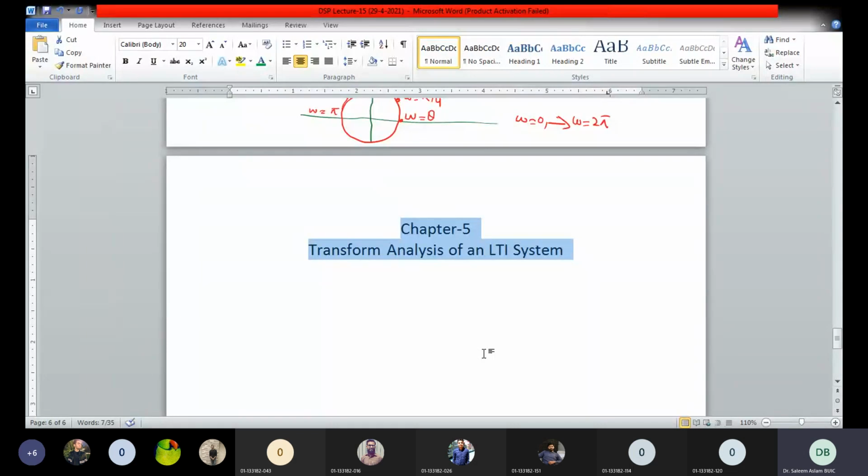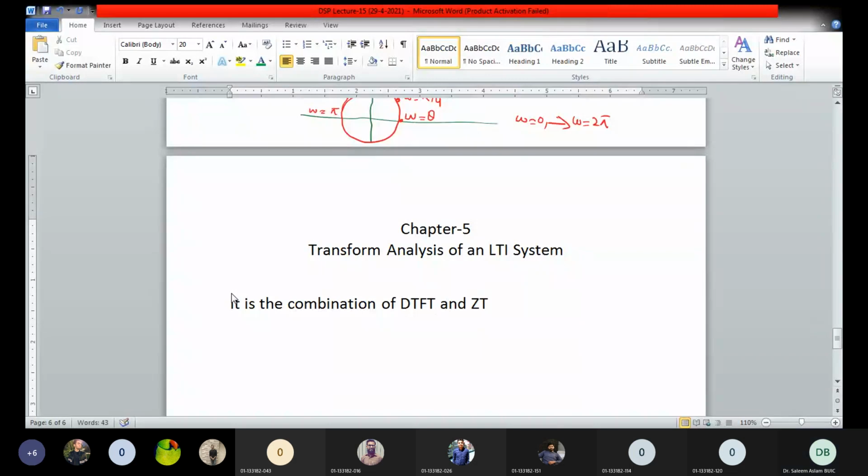So chapter number 5, let me write here one line: it is the combination of DTFT and Z transform.